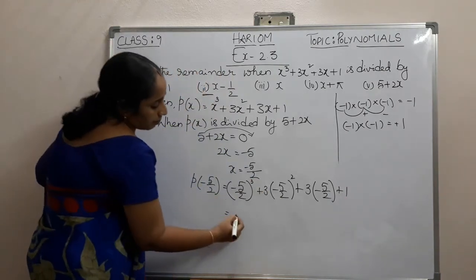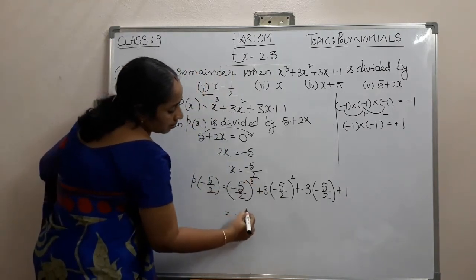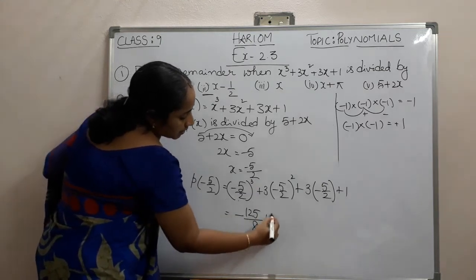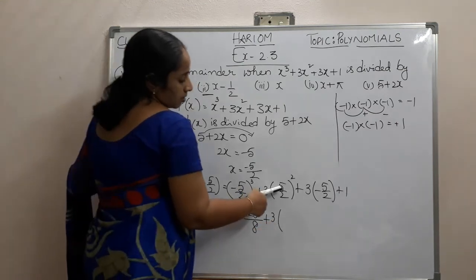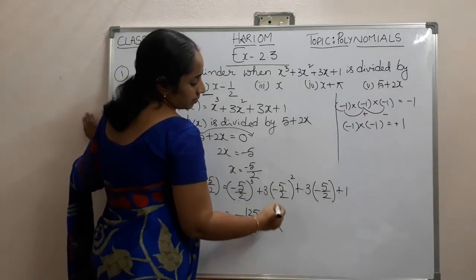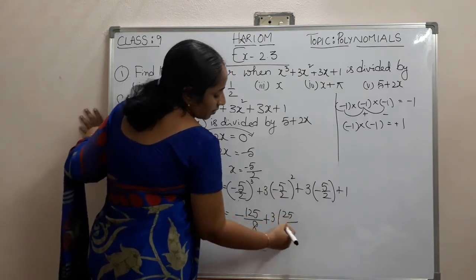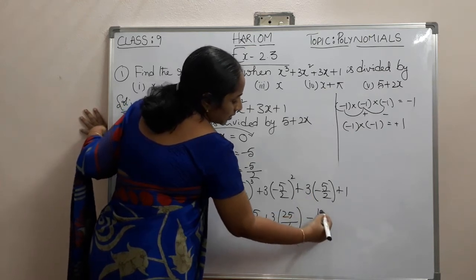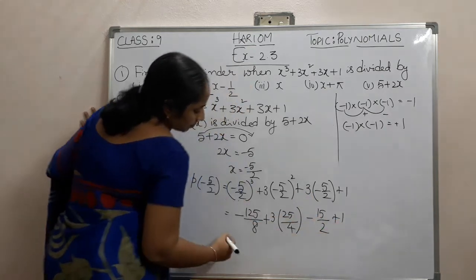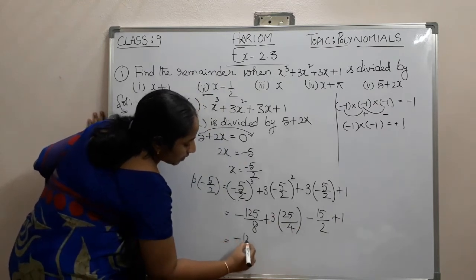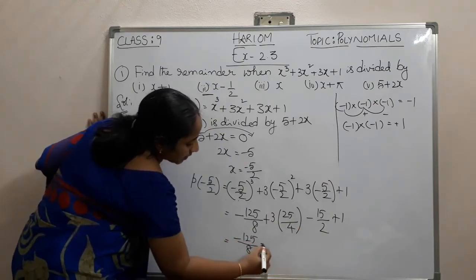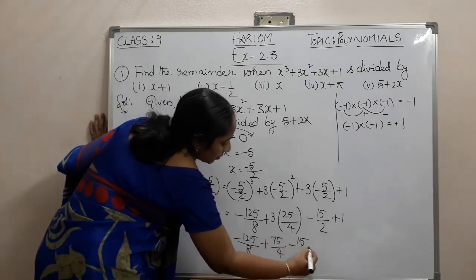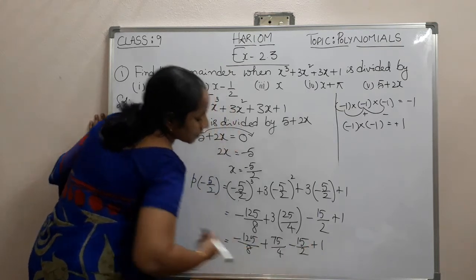It is minus 5 cube is 125, 2 cube is 8, plus 3 into, minus to power even, it is plus only, 5 square 25, 2 square 4, plus into minus 15 by 2 plus 1. It is minus 125 by 8 plus 75 by 4 minus 15 by 2 plus 1.